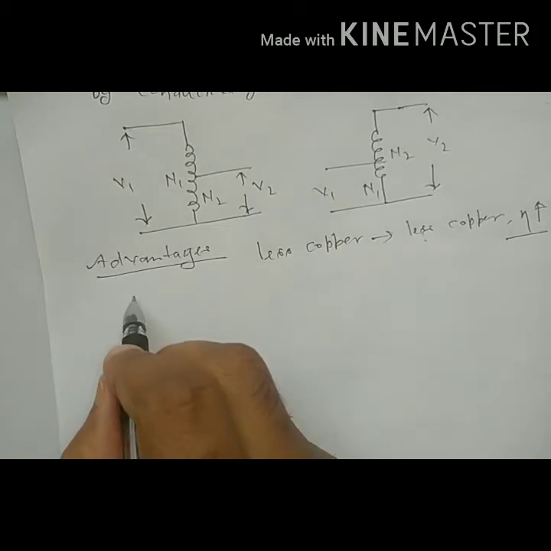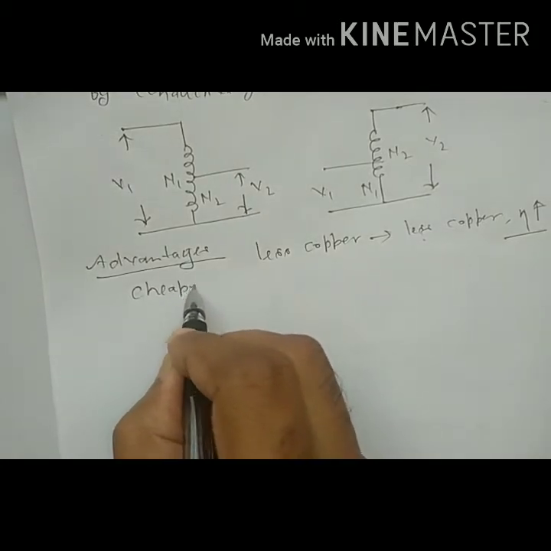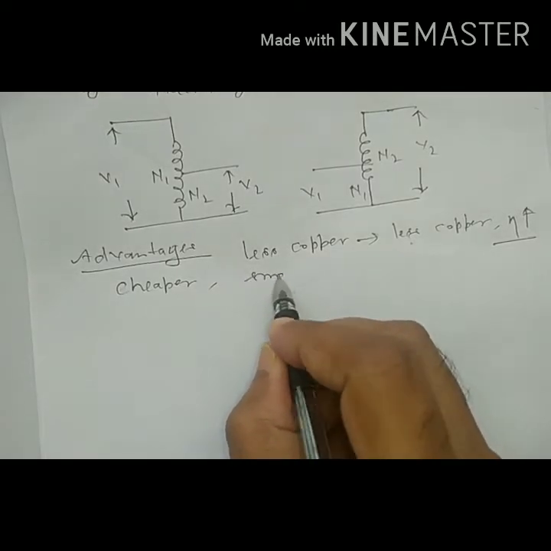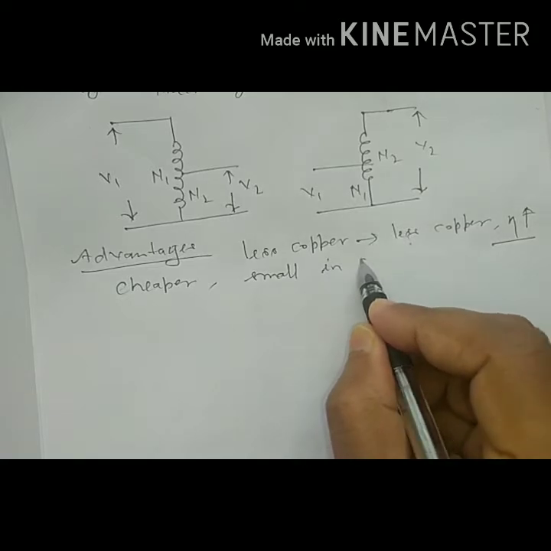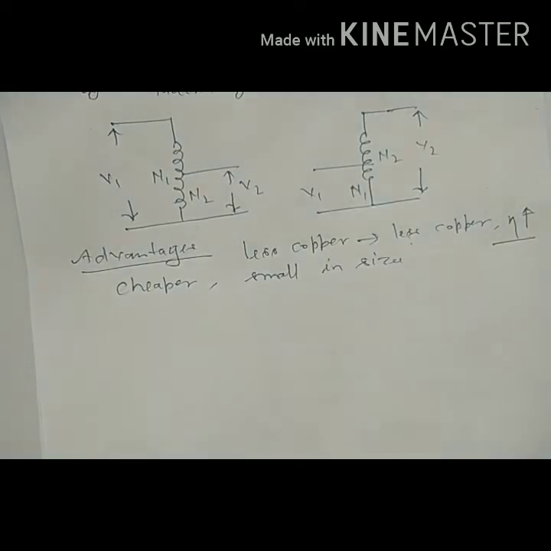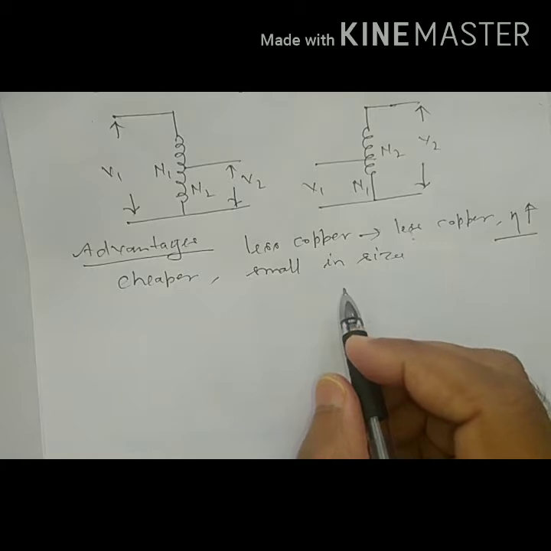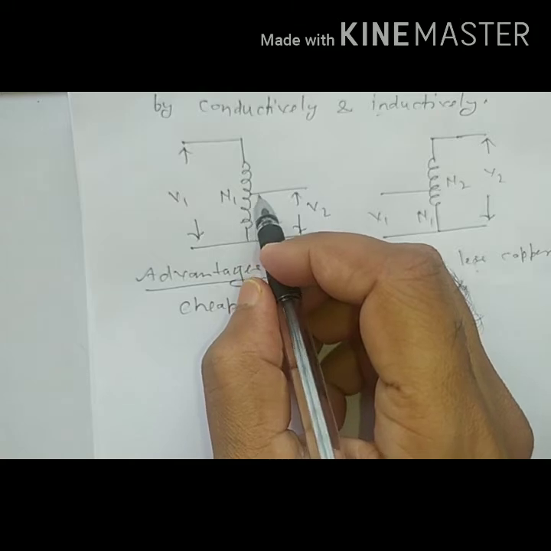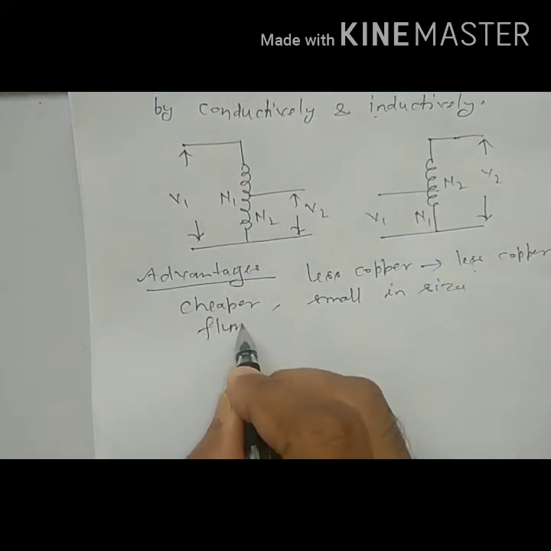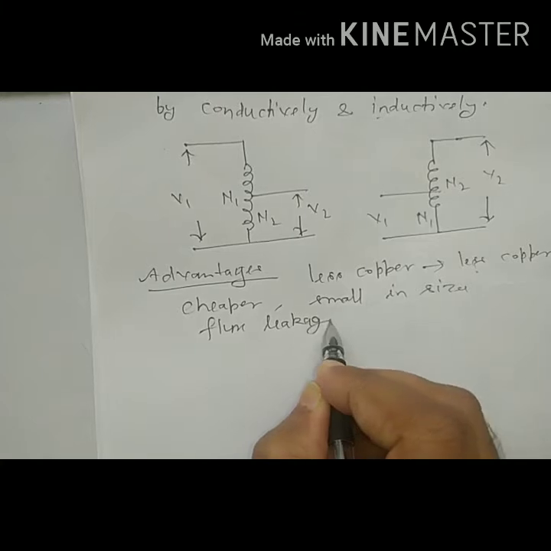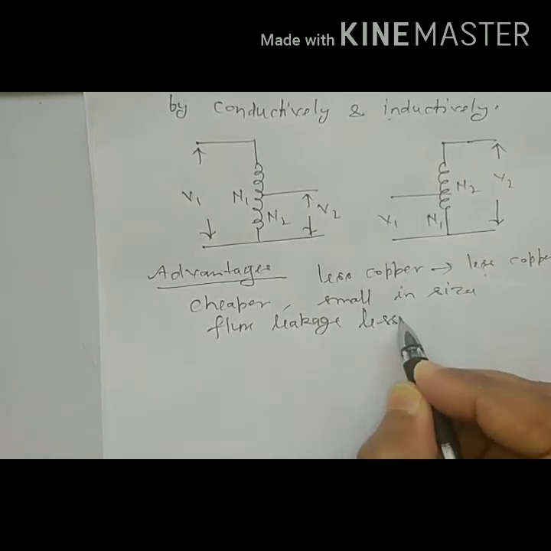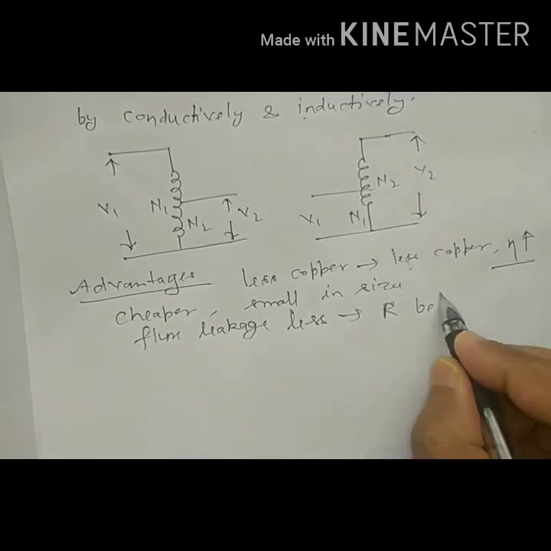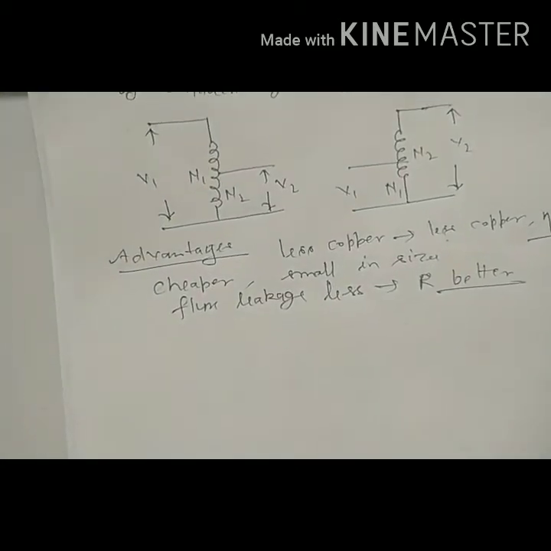Less copper means it will be cheaper also, and it will be small in size also. And in this case, primary and secondary are electrically connected, so flux leakage will be less. Therefore, regulation will also be better, right? So these are the advantages.